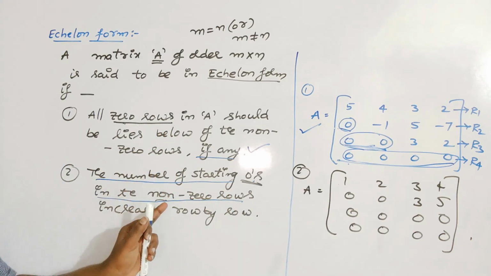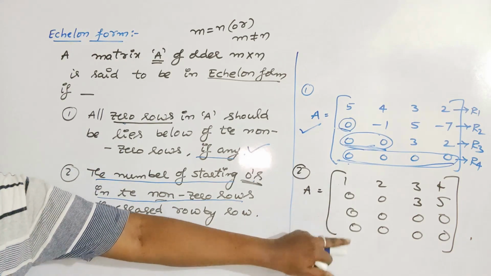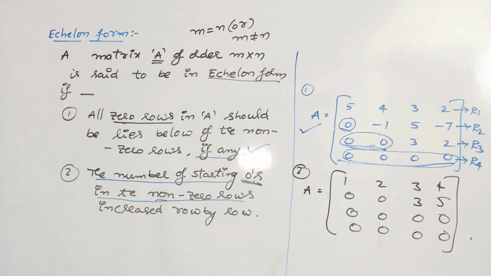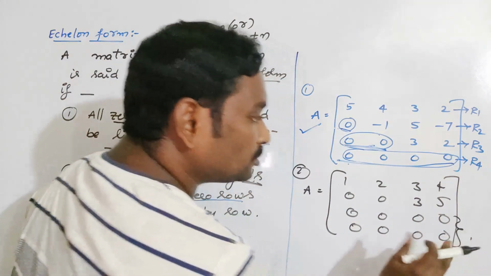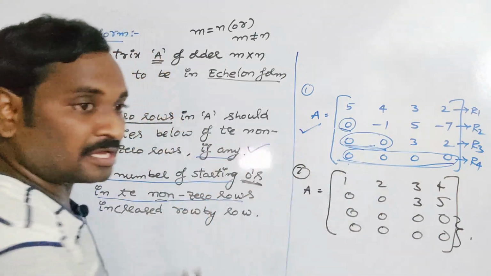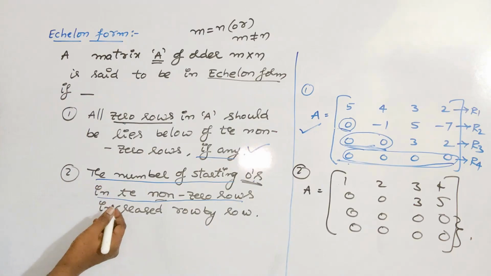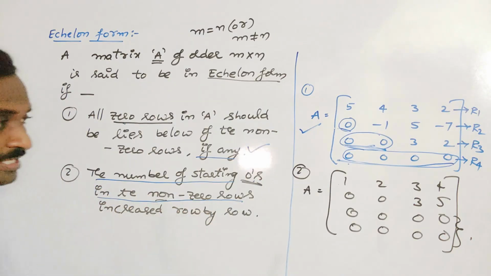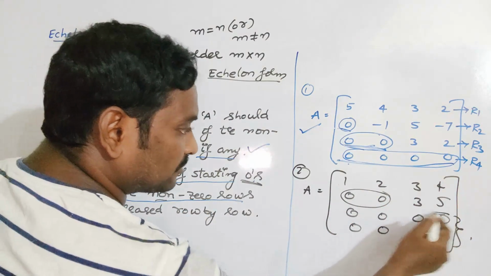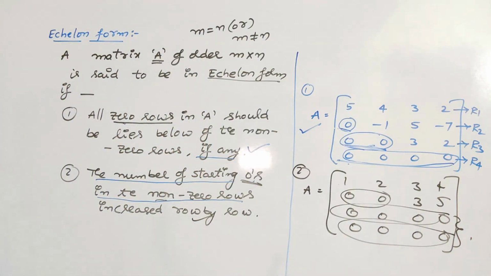If there are any zero rows, all zero rows should lie below the non-zero rows. There are two zero rows. Both zero rows lie at the bottom of the matrix, below the non-zero rows. So the first condition is satisfied, and the number of starting zeros increases row by row clearly here. Here we have two zeros, here we have four zeros, and the last row is also zero. That's why the second condition is also satisfied.